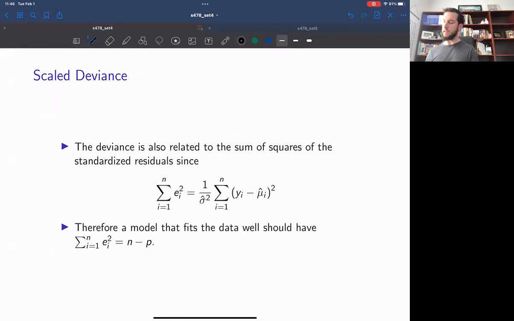So the sum of the e_i squared is approximately equal to 1 over sigma squared hat times the sum from i equals 1 to n of (y_i minus mu hat) squared. And we would expect the model fits well if the sum of these squared residual terms is equal to n minus p. So these are just a couple of different ways of evaluating the model, which is the point of these two slides.